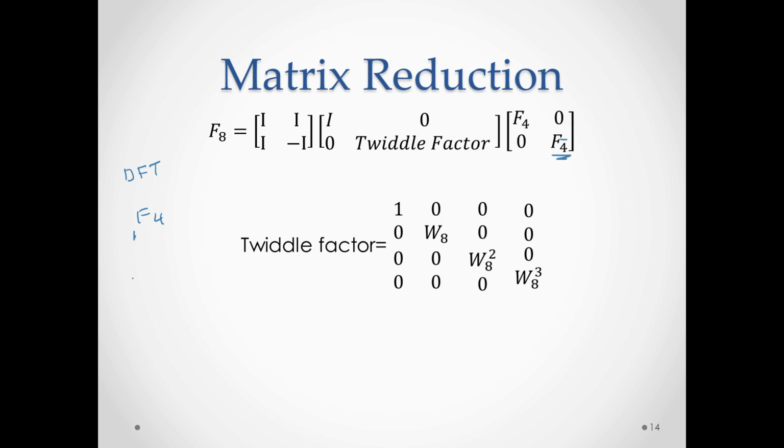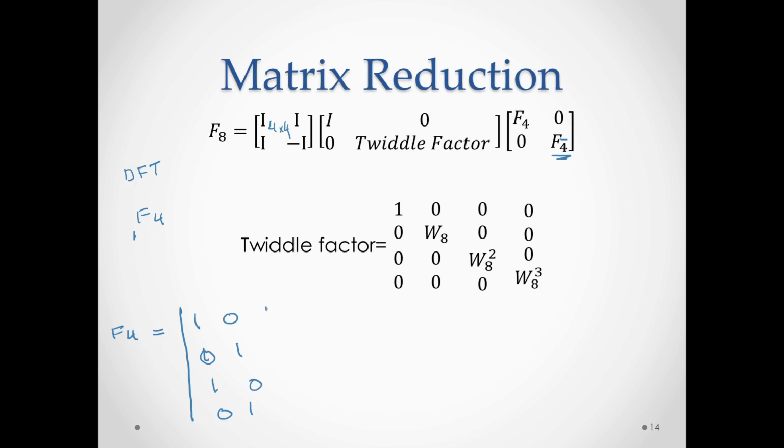Let me show you what F4 would be equal to. Our first would be an identity matrix. This identity matrix is basically 4 cross 4, but for F4 it would be 2 cross 2. So identity for 2 cross 2 is 1 0 0 1, 1 0 0 1.